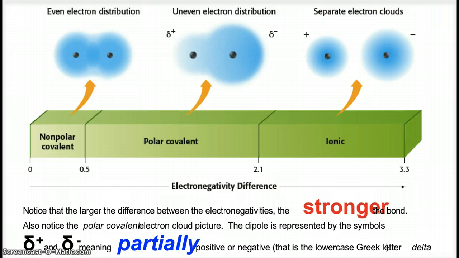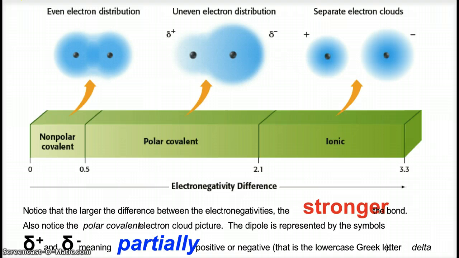And we'll see dipoles when we talk about figuring out whether or not a molecule is polar or not. But those little squiggly things, those are lowercase delta in the Greek alphabet, so we see partial positive, partial negative. Again, a little bit of controversy. Some people say nonpolar, polar is split at 0.5, some say 0.4, some say ionic is 1.7.